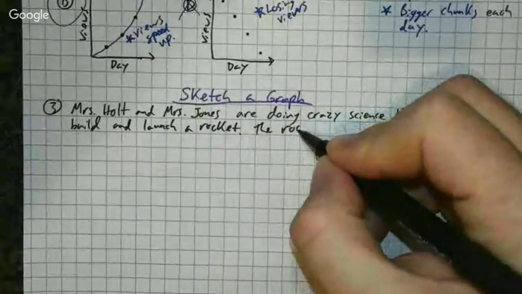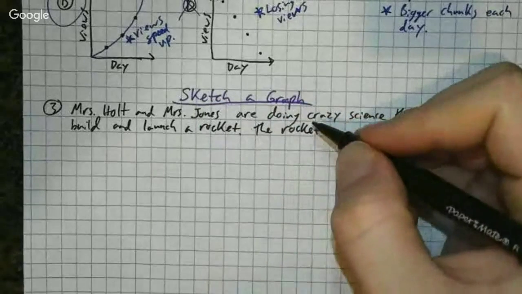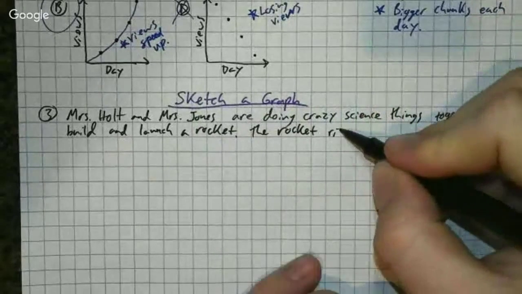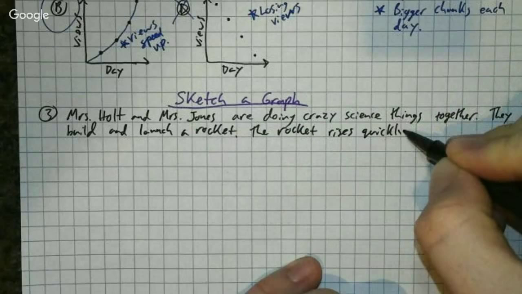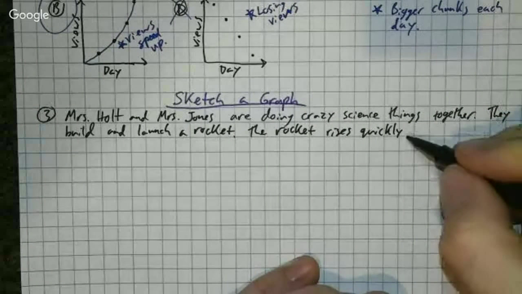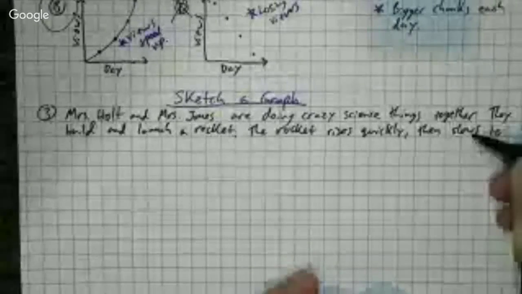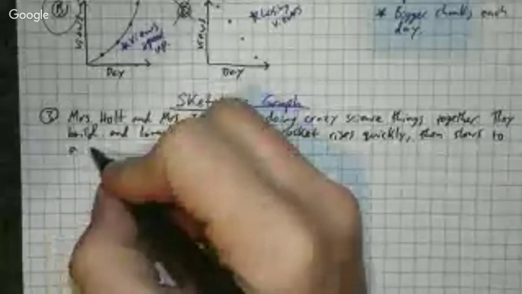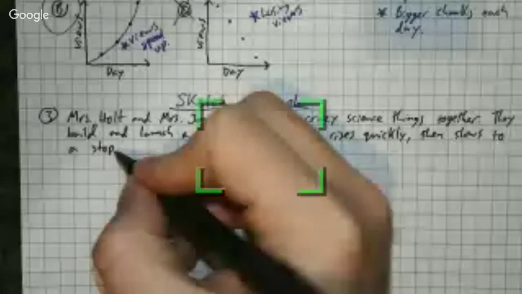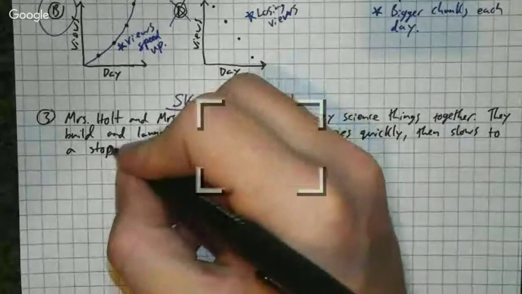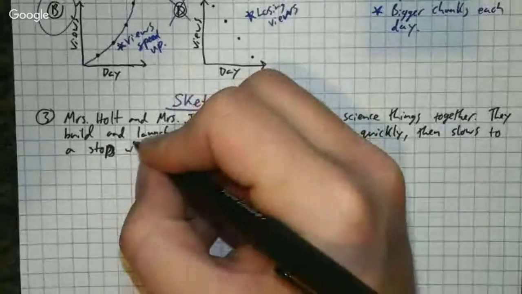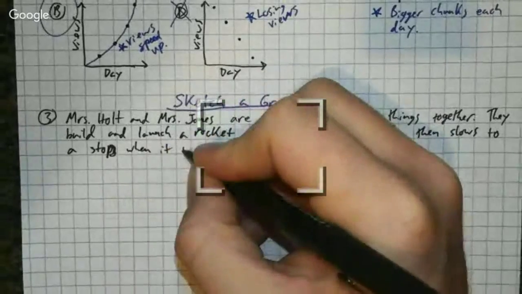The rocket rises quickly, slows to a stop when it runs out of fuel.